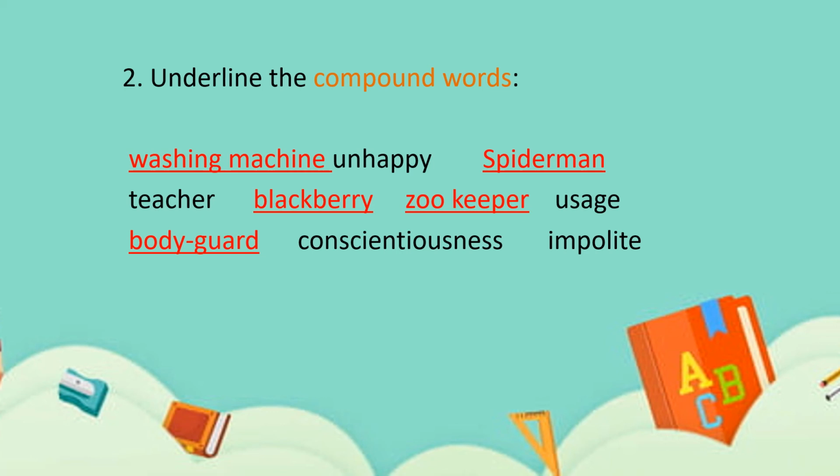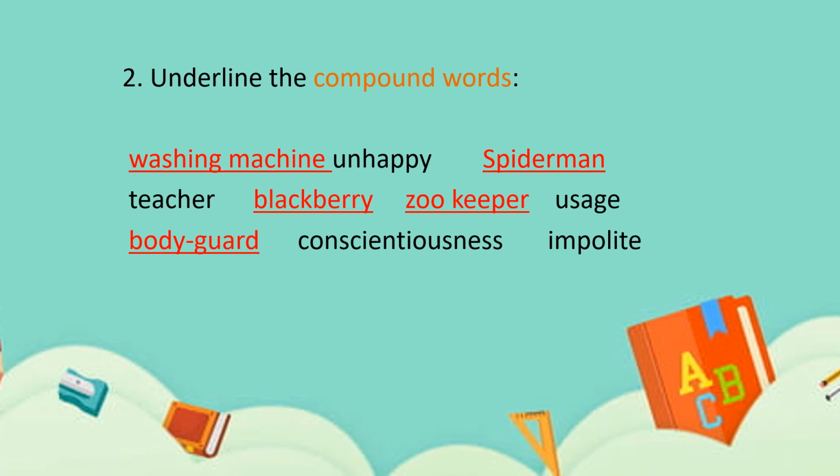Look here at conscientiousness. Of course, it seems to be a very long word, and maybe you confuse either it's a compound or it has a suffix or prefix or what. Now look, it has a suffix ness, so it's not a compound, even if it's long.